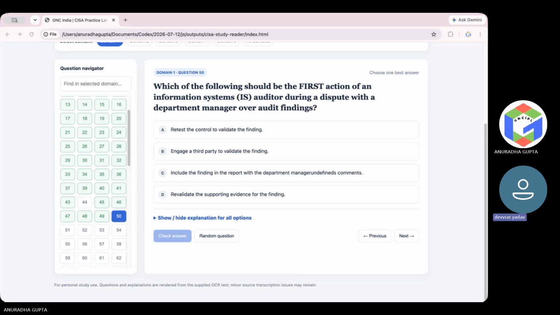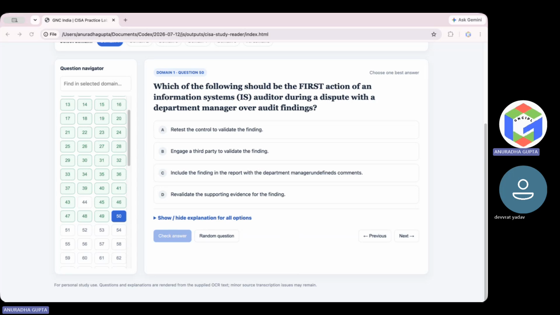Include the finding in the report with the manager comment. I have seen sometimes people are doing A, but I think, as per process, we should go with C. Okay.